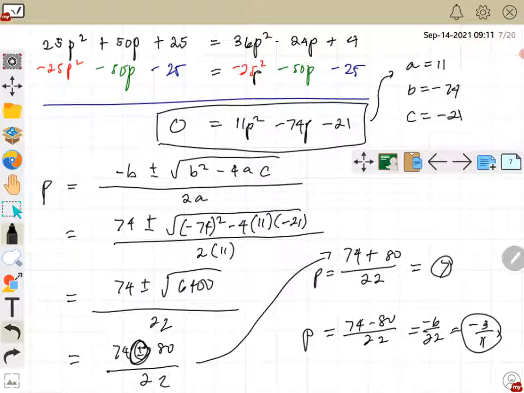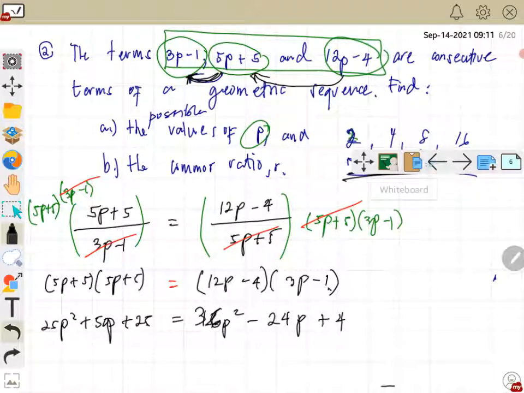So that's it. We have our possible values of p: p equals 7 and p equals negative 3 over 11. Now let's substitute that into the terms.